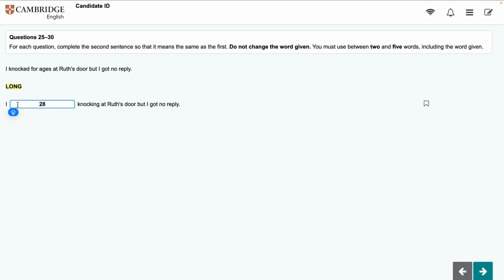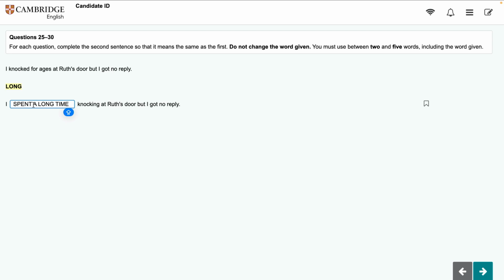Let's type in this answer. I spent a long time, and I've got the gerund knocking. I spent a long time knocking at Ruth's door, but I got no reply. To double check, I've got past simple, so this sentence is grammatically correct.